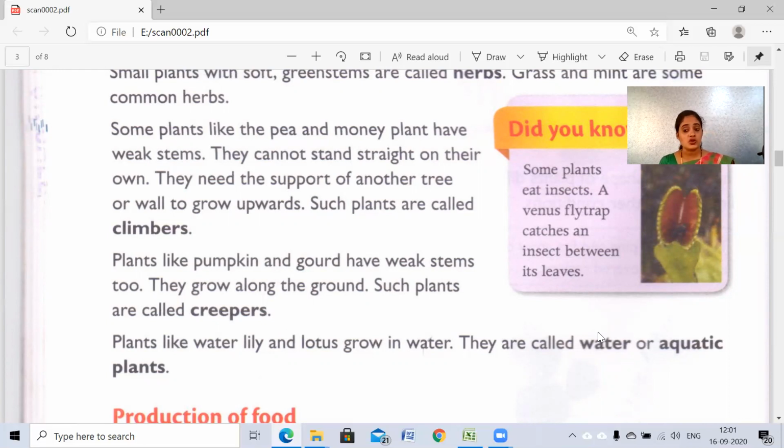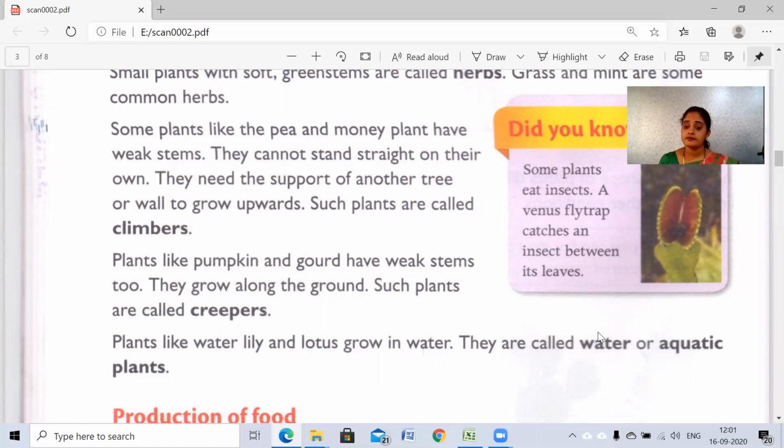They will grow in water. What do we call them? We call them water plants or aquatic plants. Okay. Plants like lily, water lily, lotus. They will grow in water.